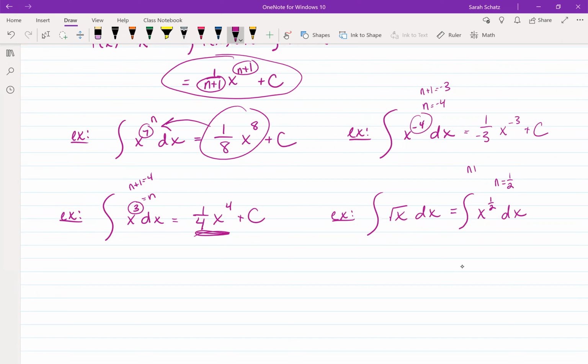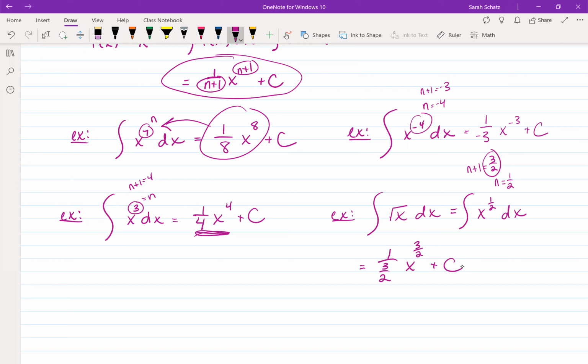What would your n plus 1 be? Well, 1/2 plus 2/2 is 3/2. So 3/2 is my n plus 1. So when I write this out, it's 1 over n plus 1. So I'm going to have a complex fraction here for a minute. I have 1 over 3/2, and then it'll be x to the 3/2 plus c.